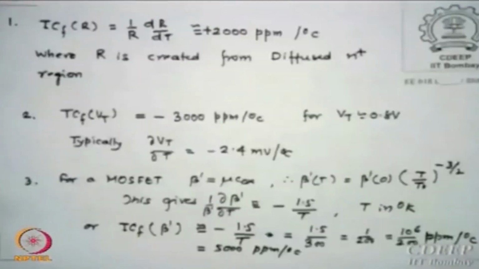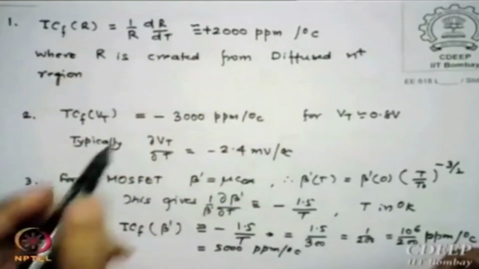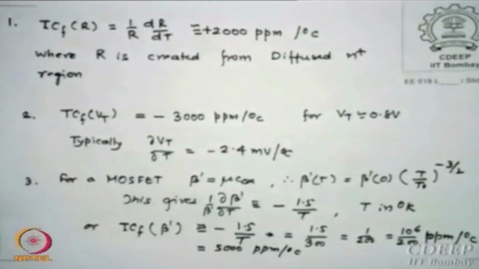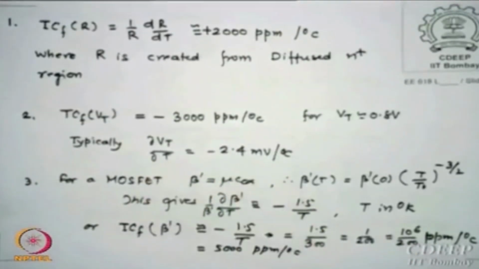This is some additional examples I gave you. So for the given n plus region, coming back to where I was, TCF of R is 1 upon R dR by dT, which typically for an n plus region is 2000 parts per million per degree centigrade. TCF for threshold, I think this value you must be aware of, those who have done the second year course.